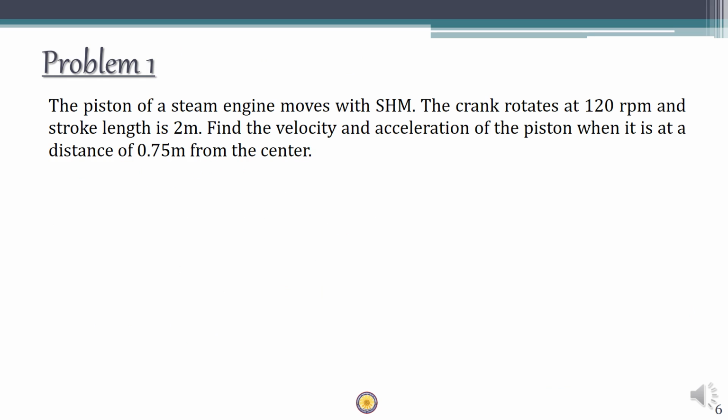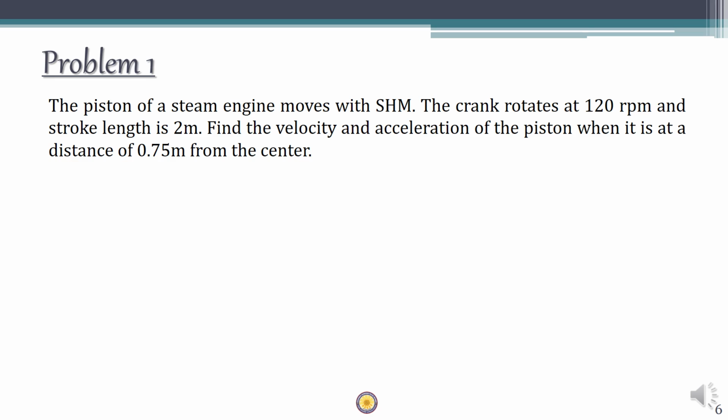So with that, let's see some problems. The piston of a steam engine moves with an SHM, where the crank rotates at 120 rotations per minute. So n is given. From the n we have to find omega, or the angular velocity or angular frequency. The stroke length is given, which is 2 meter, which means that it is the entire stroke length.